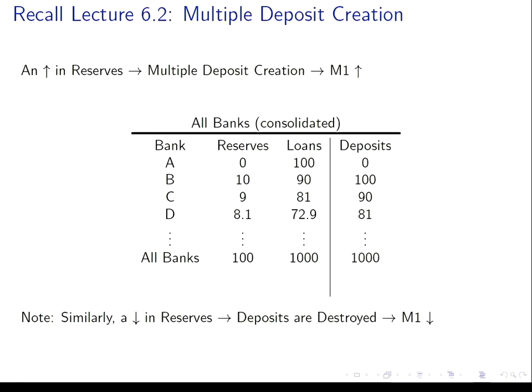So just for the clarification, do you think that reserves are increasing in this economy by this multiple deposit creation? Yes, no. When the process of multiple deposit creation is happening, do you think that reserves are increasing? Okay, by how much?